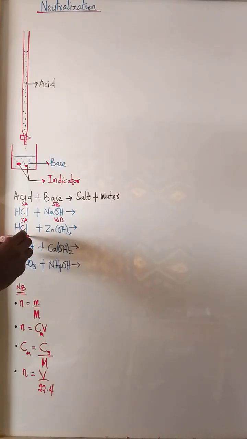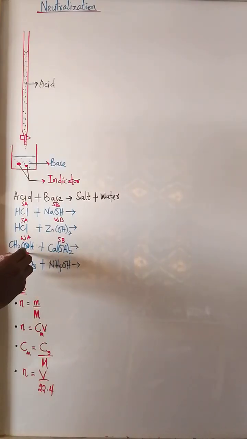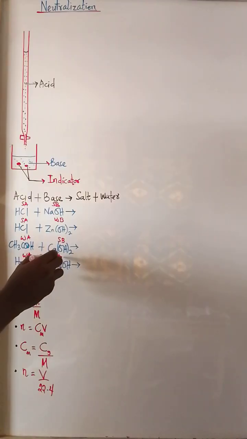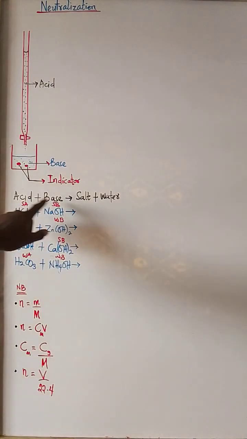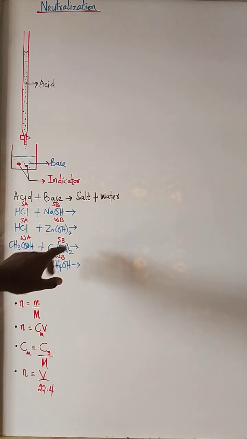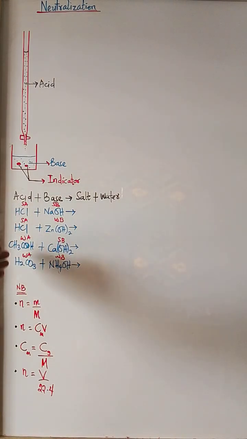This is a weak acid, this is a strong base, and this is a weak acid, this is a weak base. So during neutralization, it's either strong acid, strong base, or strong acid, weak base, or weak acid, strong base, or weak acid, weak base. How do we know which acid is strong? How do we know which one is weak? I've already explained that in my last class. I already gave examples of strong acid and weak acid, which you should know.